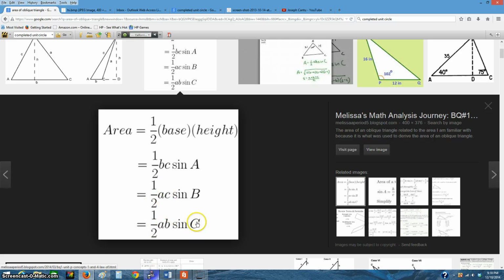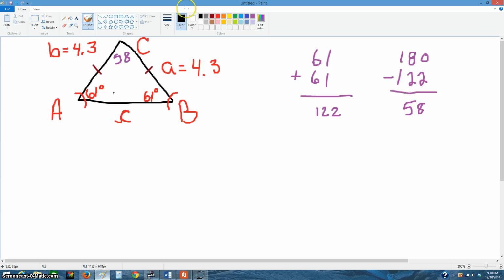So we had to use this one, and in order for us to use that one, we had to first find angle C. Okay, so let's go back and basically have our formula. So K equals 1/2 AB sine of big C.